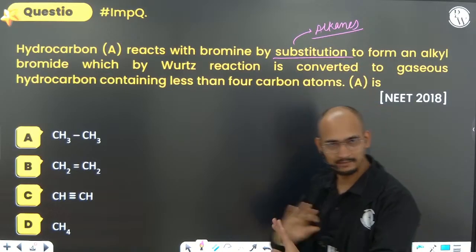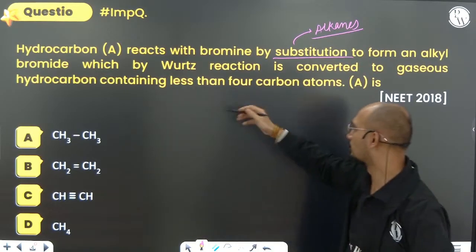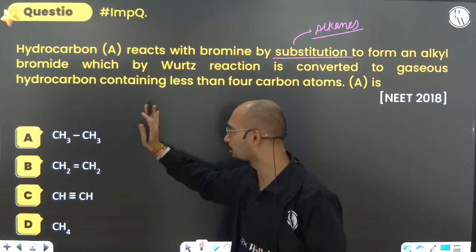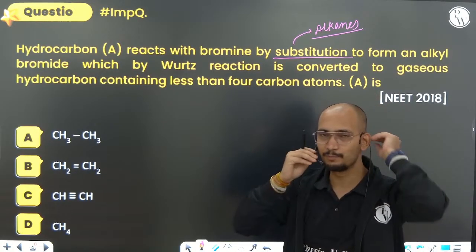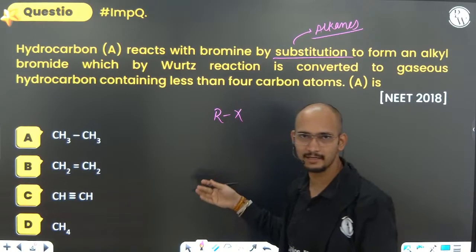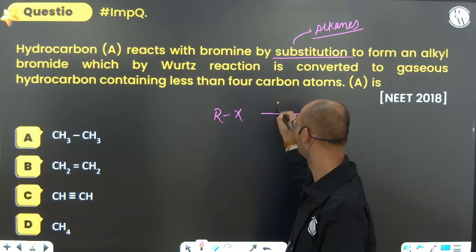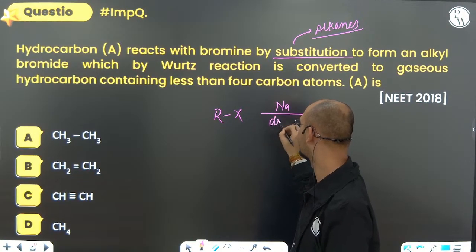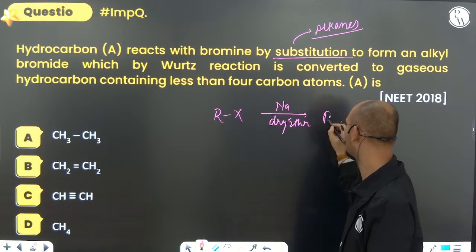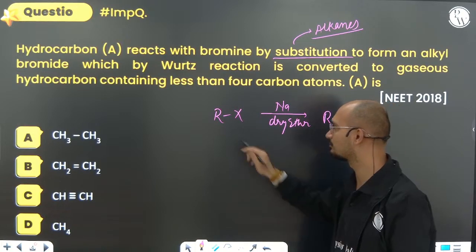Now, the bromide, which by Wood's reaction is converted to a gaseous hydrocarbon. I hope you all know what you have to do in Wood's reaction. An alkyl halide, or haloalkane, is taken with sodium and dry ether, and this will convert into R-R.